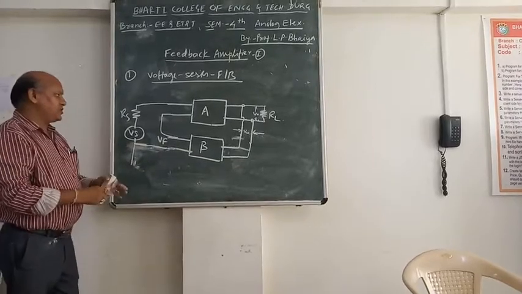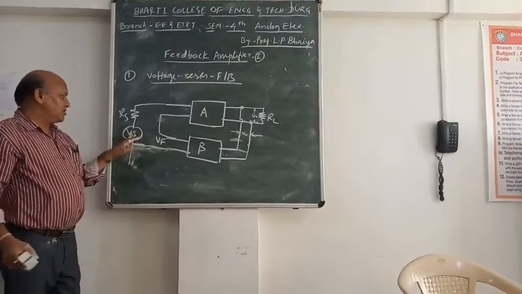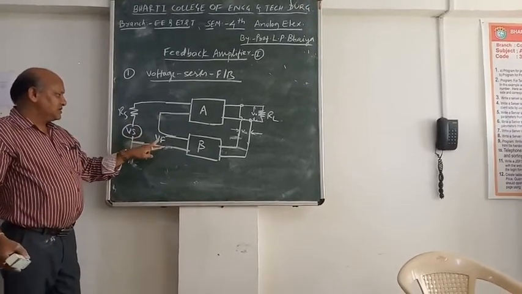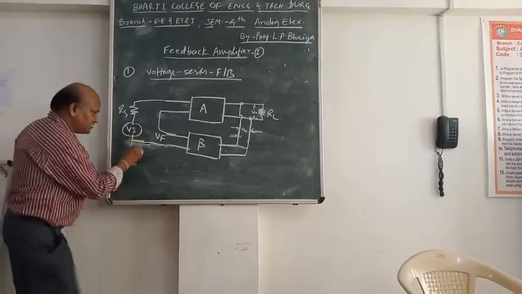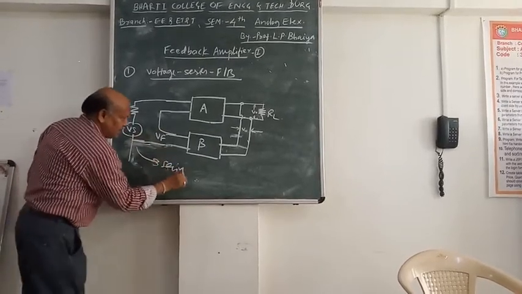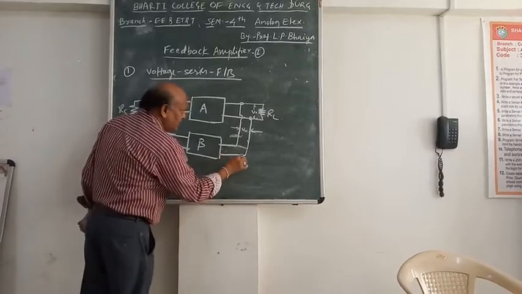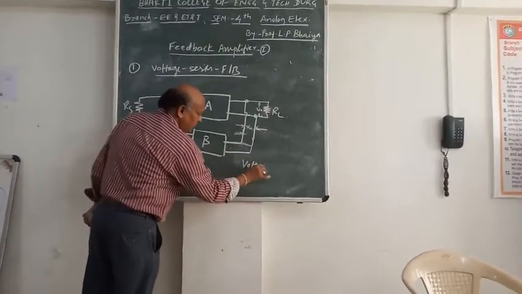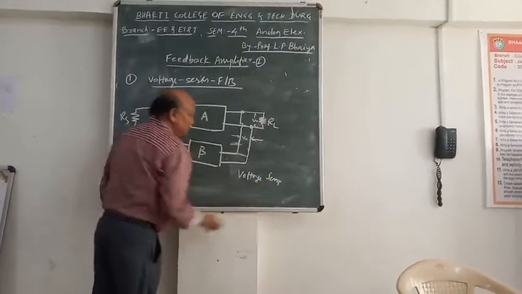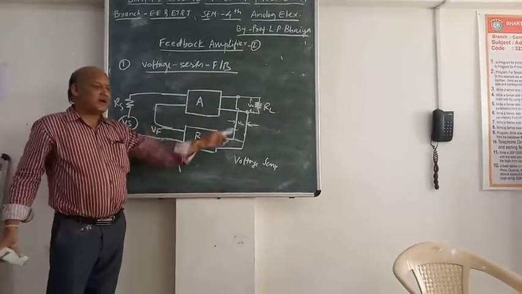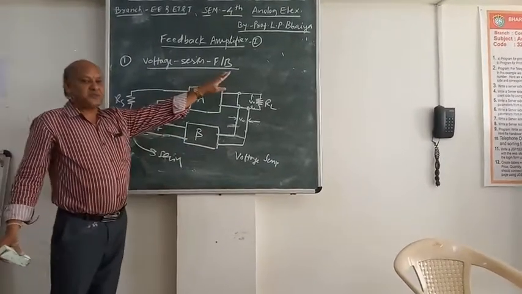So this feedback voltage is applied in series with the voltage source. This is called the series connection, and the other connection is the voltage sampling. This type of topology is called the voltage series feedback.